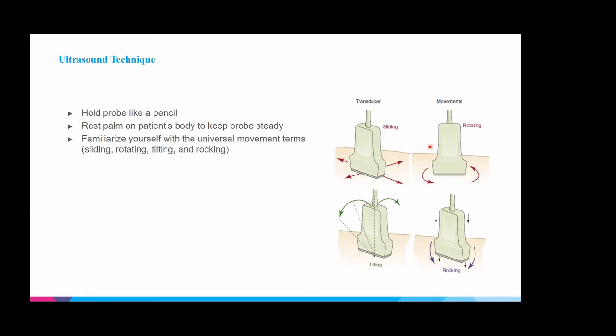With sliding and rotating, the crystals in the probe are touching the body completely, as opposed to these terms at the bottom. Tilting is when you're adjusting the angle by moving the probe itself in relation to the patient's body, either up or down. And from left to right or side to side, that's rocking.